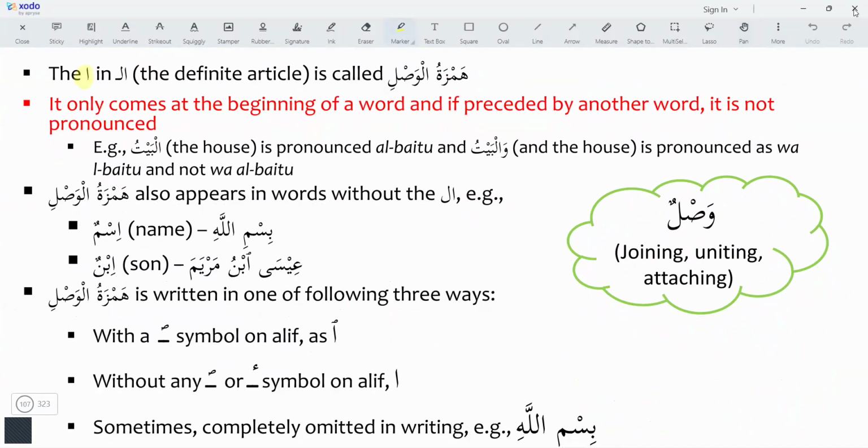The alif of al, the definite article. Al is the definite article, and the alif in the alif and lam is called hamzatul wasl.